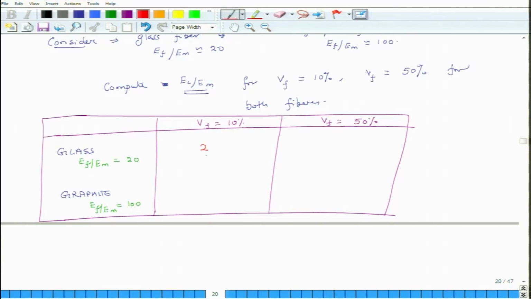These values are for EL over EM equals 2.9, EL over EM equals 10.5, EL over EM equals 10.9, EL over EM equals 50.5. Okay.